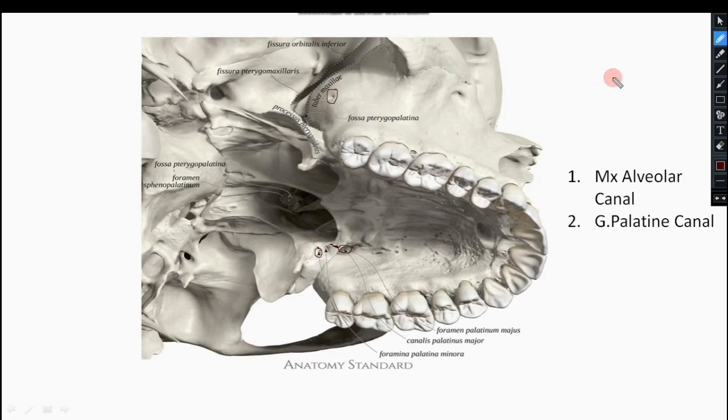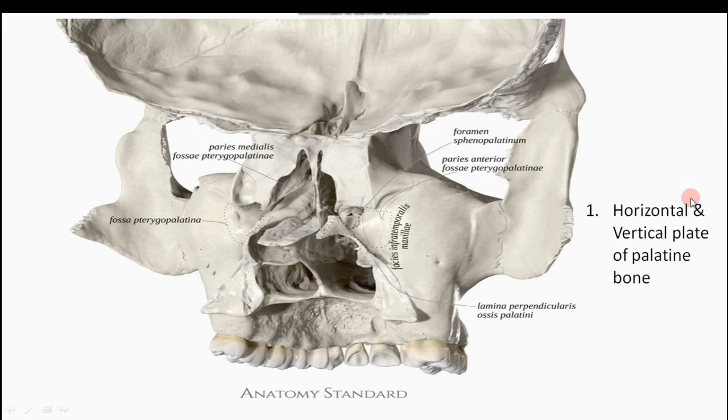Now we will see some other bony landmarks. This one is important to understand: the horizontal and vertical plate of the palatine bone.